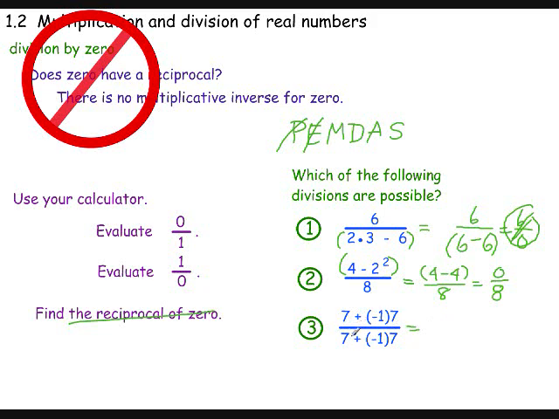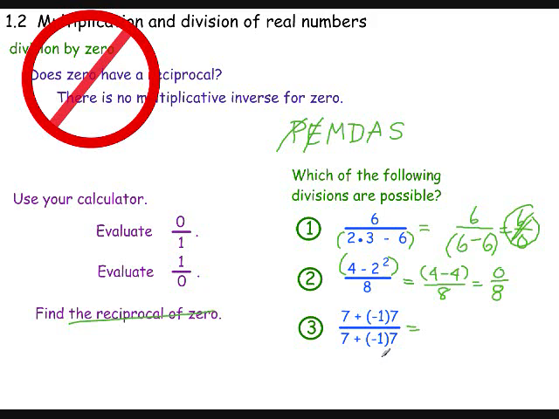How about this one? Now, at first glance, I know when I first looked at this, I saw this is the same as this. And I know a rule for when things are the same. If I have a fraction where the numerator and the denominator are the same, that would be a 1.